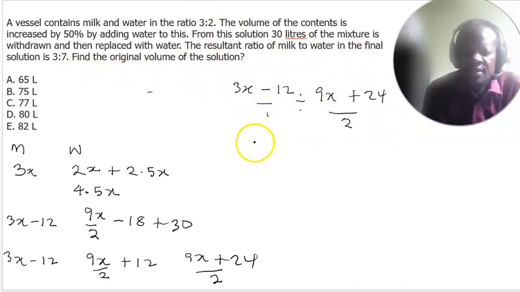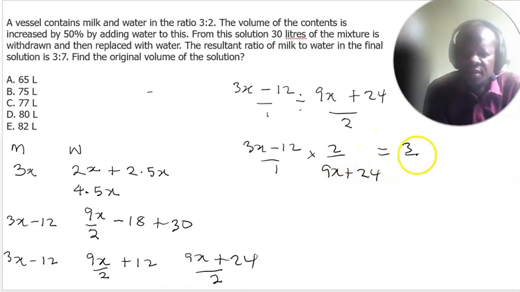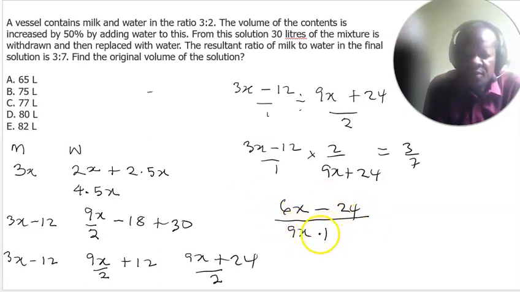Let's simplify this to (3x minus 12) over 1 times 2 over (9x plus 24) equals 3 over 7. So we multiply everything here. This will give us (6x minus 24) over (9x plus 24) equals 3 over 7.